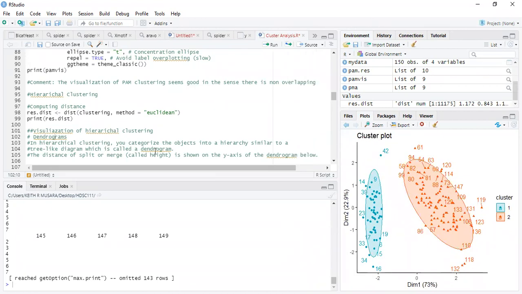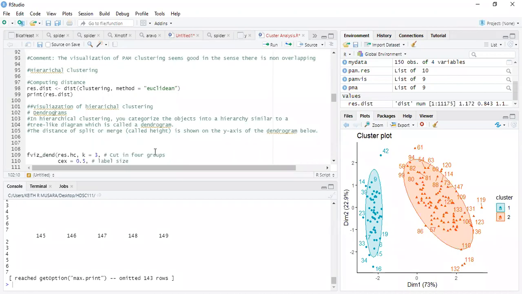I'm sure you've seen a tree. We've got some branches, right? Those branches become dendrograms. The distance of split or merge is represented as the height on the y-axis of the dendrogram. So the distance is represented on the vertical axis, which is the y-axis, called the height of the dendrogram.